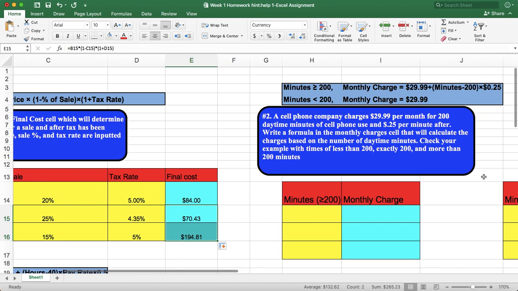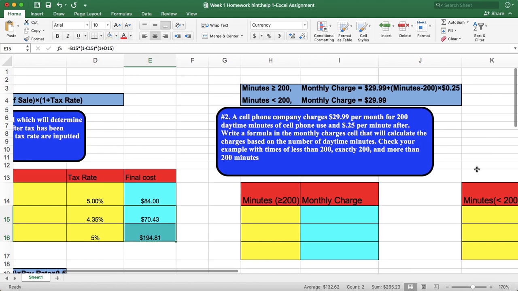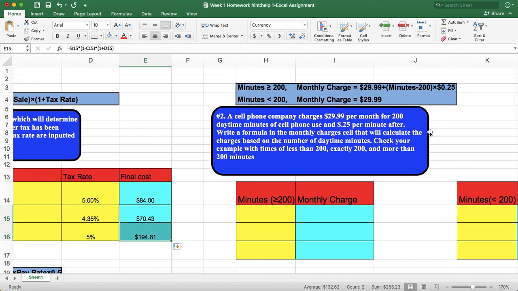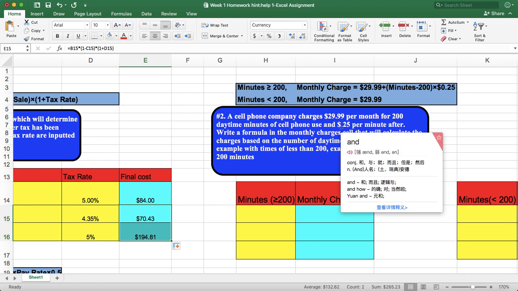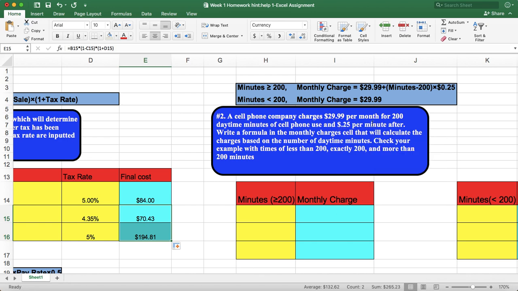Let's go to problem 2. Problem 2 is a little bit complicated. A cell phone company charges $29.99 per month for 200 data minutes of cell phone use and $0.25 per minute after.